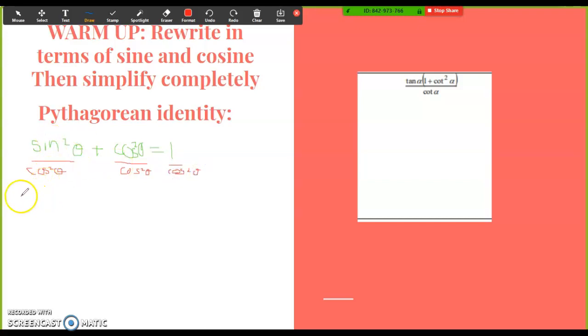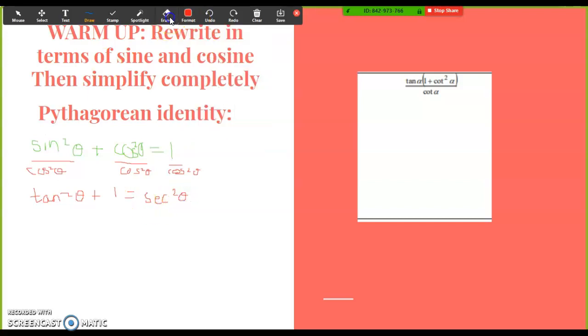The sine squared over cosine squared is just tangent, so that would be the tangent squared of theta plus 1, these are the same, is equal to, well, 1 over cosine squared of theta is just secant squared.